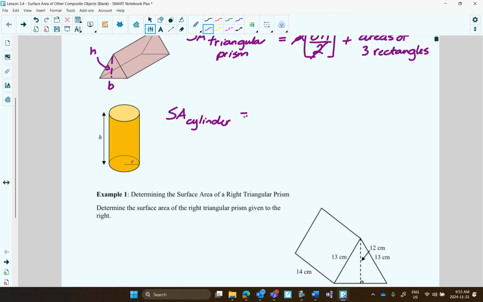I'm more concerned about whether you know how to use them than whether you know how to memorize them. How do we find the area of one of the circles on the end? What's the formula for area of a circle? Well, do we remember? Pi r squared. But there's two circles, aren't there? So I'm going to times it by 2. That takes care of these two.